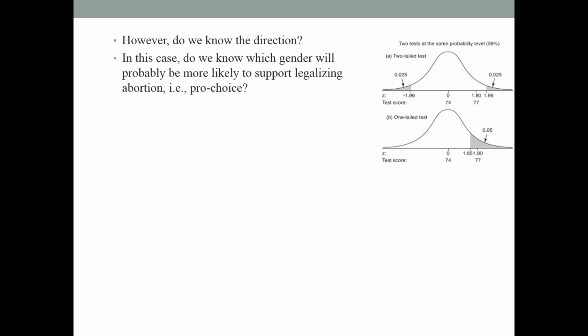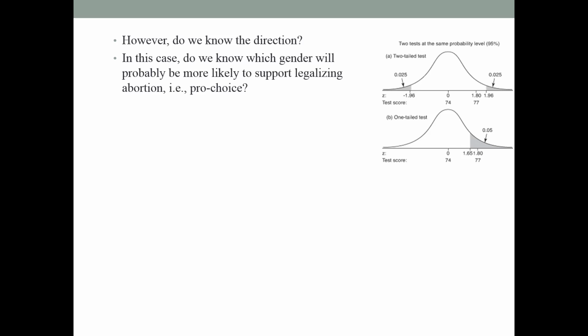If men's score is right here, then we have reason to believe that either we got men with very extreme opinions that are different from women, or actually men are from different populations, right?